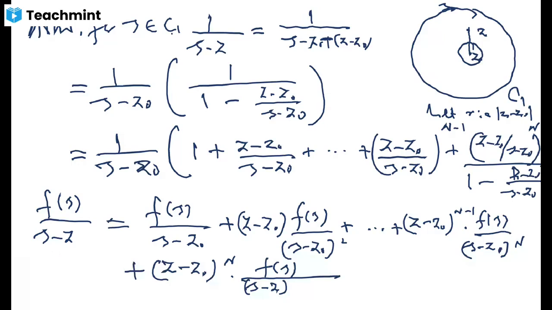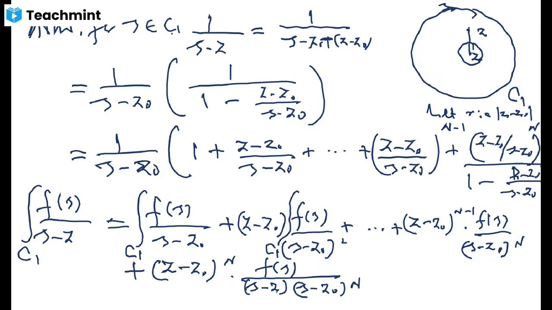Now the next step is to integrate this expression over c. If you integrate it over c, you will have this integral over c1, because you are considering that you have this c1, and z minus z naught can sit outside.